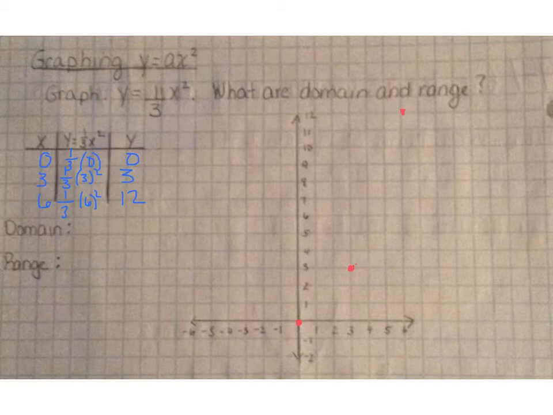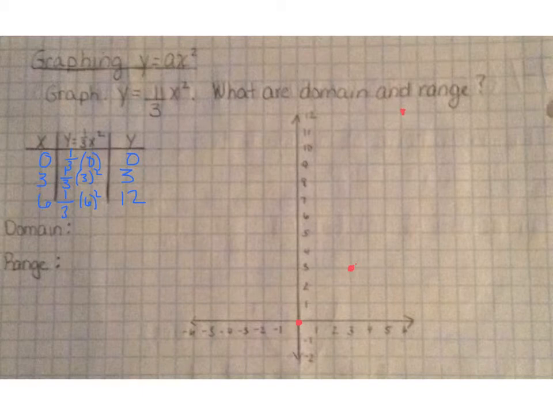Now remember, a quadratic is going to make the shape of a parabola, so we have to have that U shape. Since we just have the ax squared term, our vertex will always be at (0, 0). That will change in a little bit, but for now it will always be at (0, 0). When we go to graph this parabola, we want to make sure that we reflect over the y-axis.